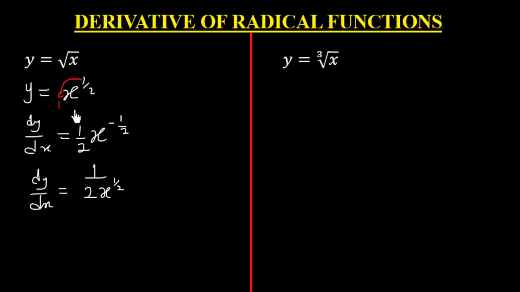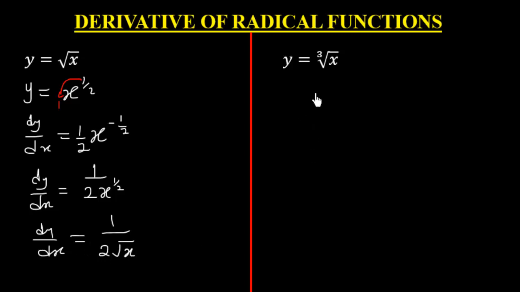Now remember, we said that square root of a equals a to the power half, so a to the power half can also be written as square root of a, and vice versa. Therefore, this x to the power half can be written as square root of x. So know that. Therefore, dy/dx is equal to 1 over 2 square root of x.